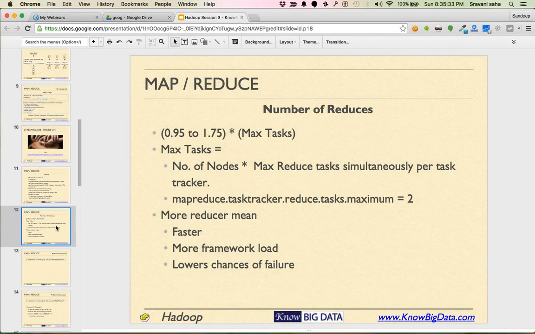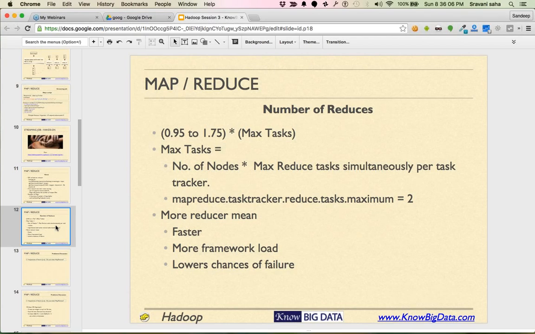You can take a call on the number of reduces, and the general rule of thumb is if a lot of time is being consumed in the reduce phase, and it is far more than the map time, then it is definitely a recipe for converting to more reduces.